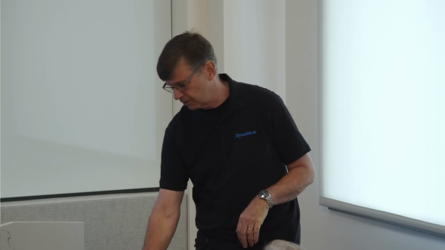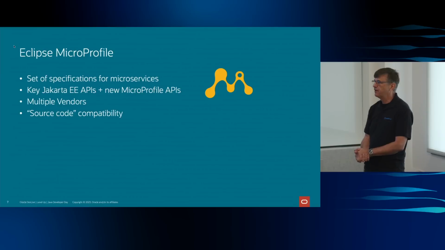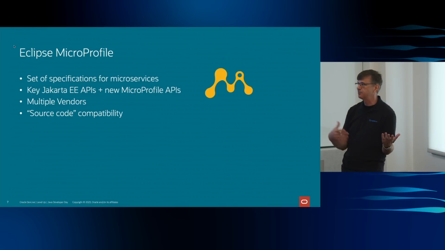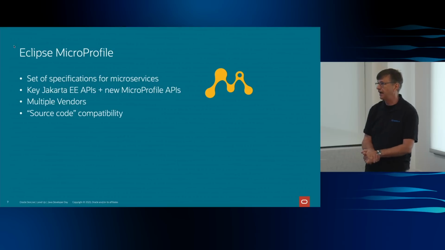And again, some of our values, we like to be simple, transparent, no class loading tricks. There's nothing weird going on here, right? It's all very straightforward Java, and we believe strongly in high alignment with the JDK and work closely with the JDK team on that. I mentioned MicroProfile as it is a set of specifications combining some key Jakarta EE APIs plus new MicroProfile APIs.